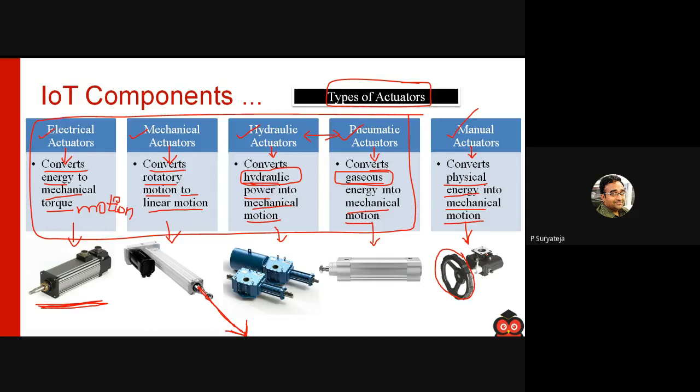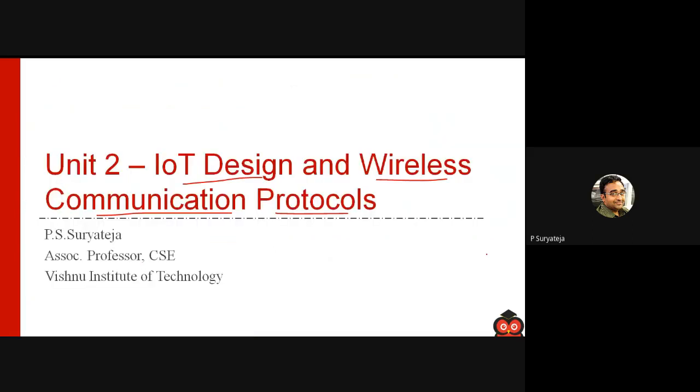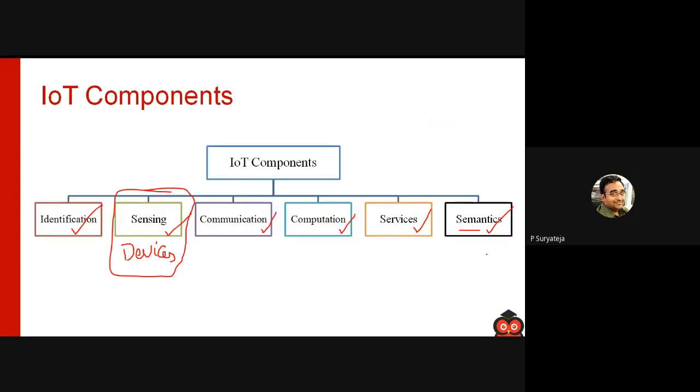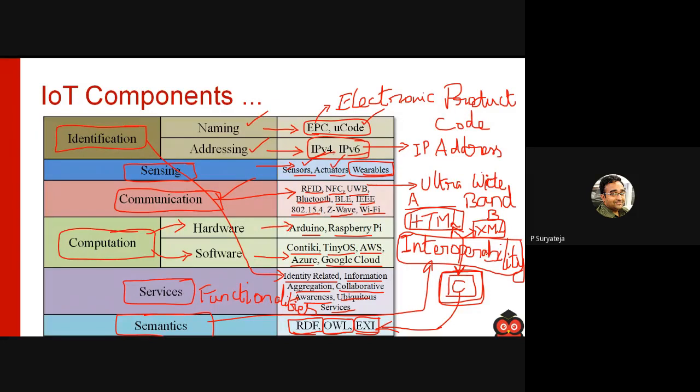So that's it for this session. Let's review whatever we have learned in this session. We started unit 2 and we have seen the different topics that will be covered. We started off with the first topic, IoT components: 6 components: identification, sensing, communication, computation, services, and semantics.